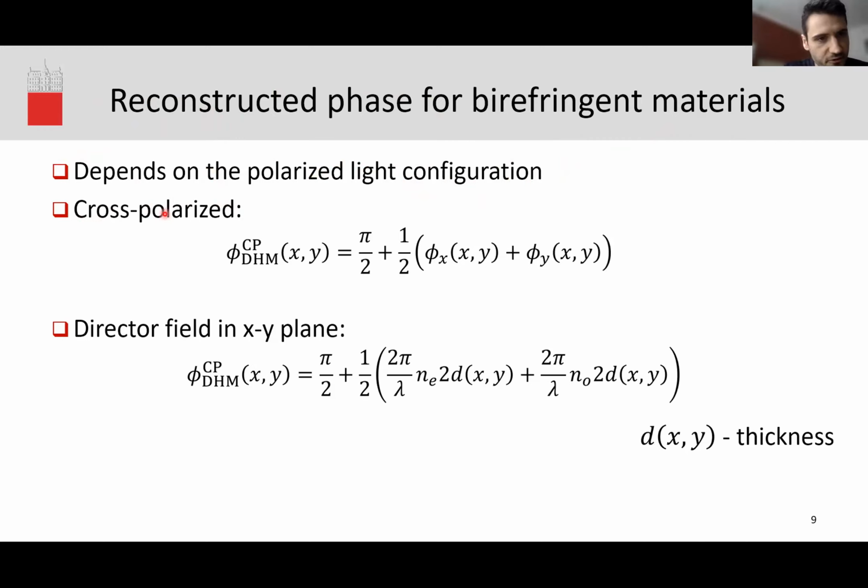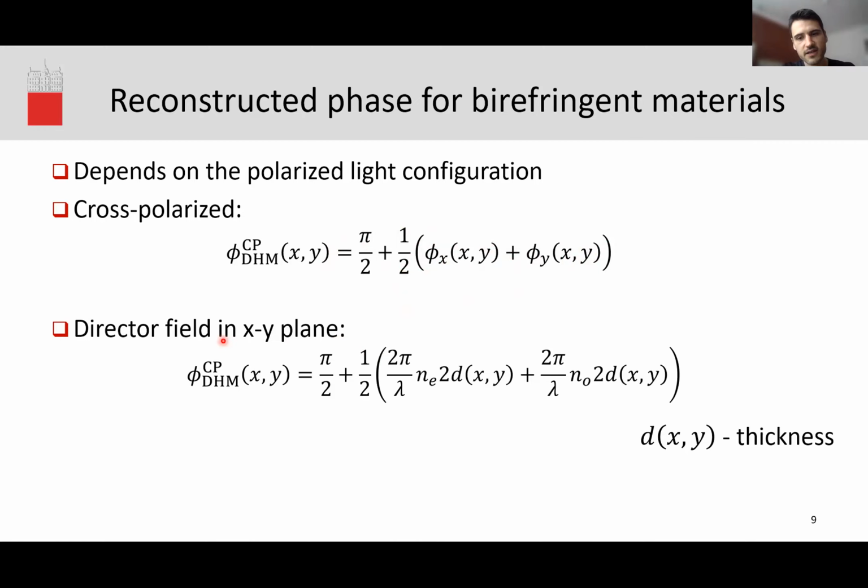For example, for cross-polarized configuration, if we do the Jones calculus for a rotated linear retarder, we get this phase. So it depends only on the phase delay of the linear retarder, but not actually on the rotation.